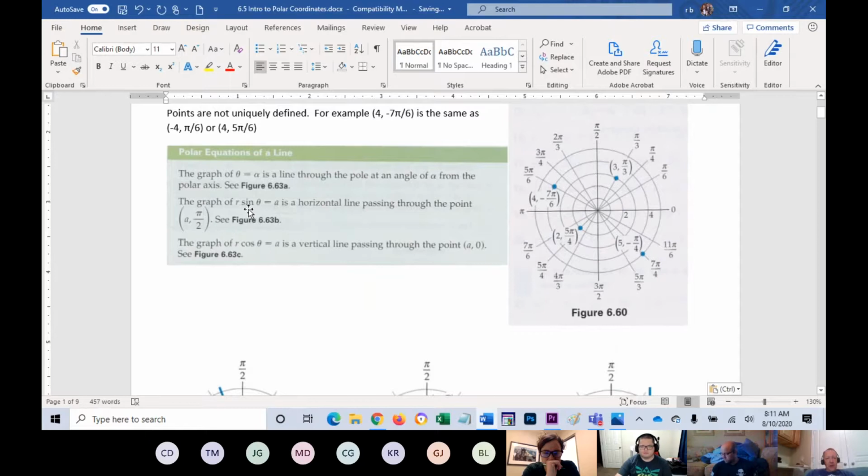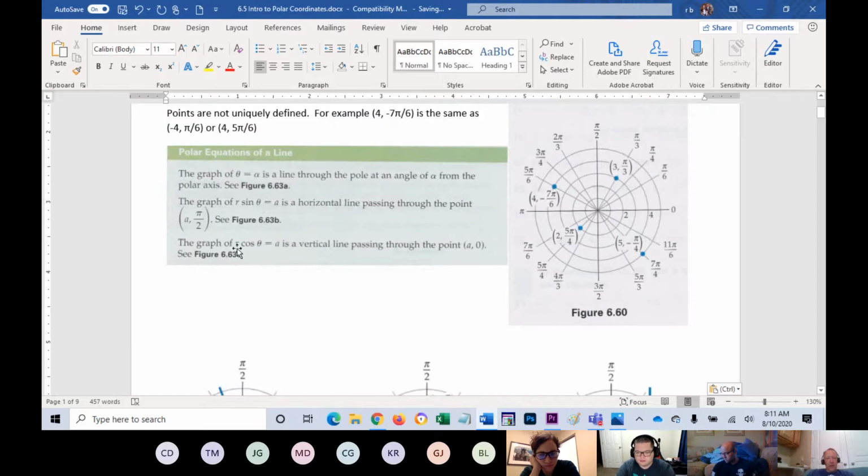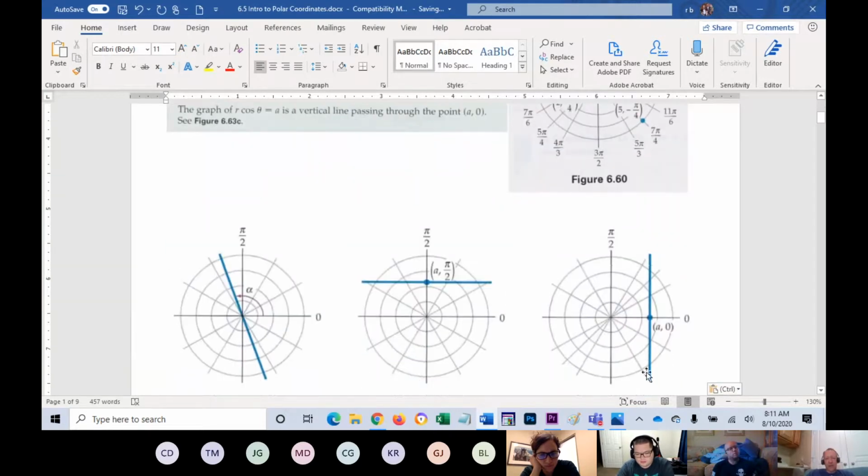The graph r sine theta equals a is a horizontal line passing through the point. And so I've got that here. You've got your horizontal line here. And your graph r cosine theta equals a is a vertical line passing through the point, okay? So there's 3 different ways you can draw a line. You can just say that theta equals some angle alpha, and here's a straight line.